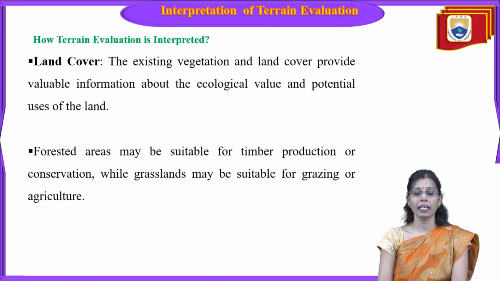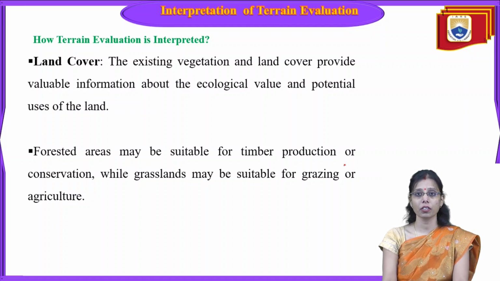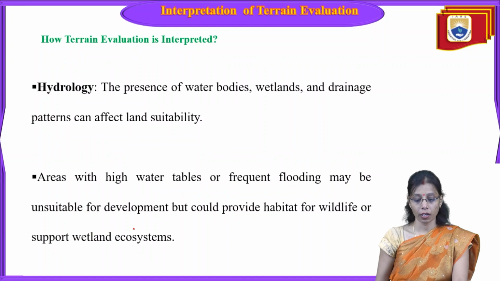Basically, land cover means the land which is covered naturally by vegetation, by forestry, or by the different kinds of greenery which grows naturally. So forested areas may be suitable for timber production or conservation, while grasslands may be suitable for grazing or agriculture. Okay. Now coming to the hydrology.